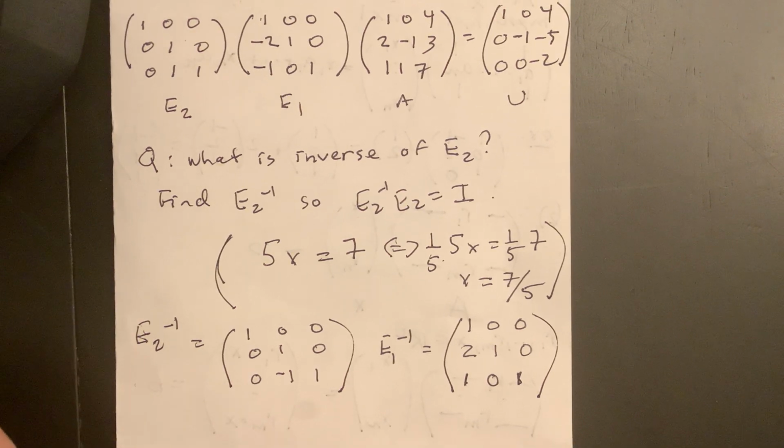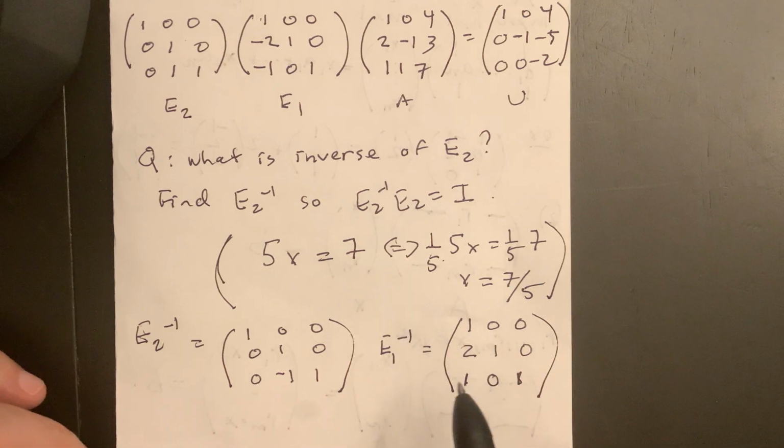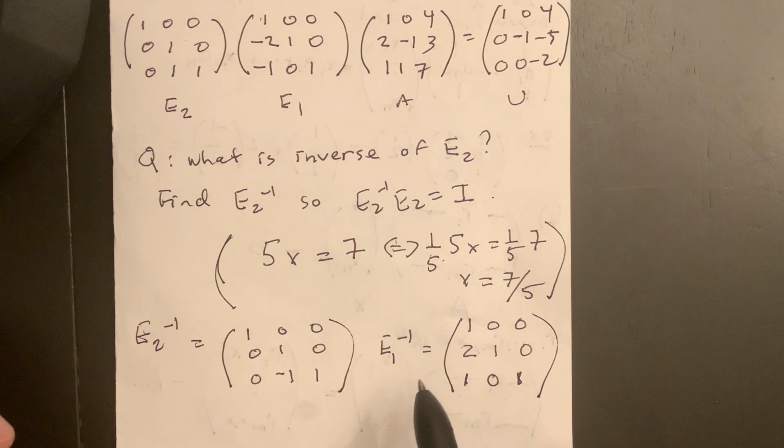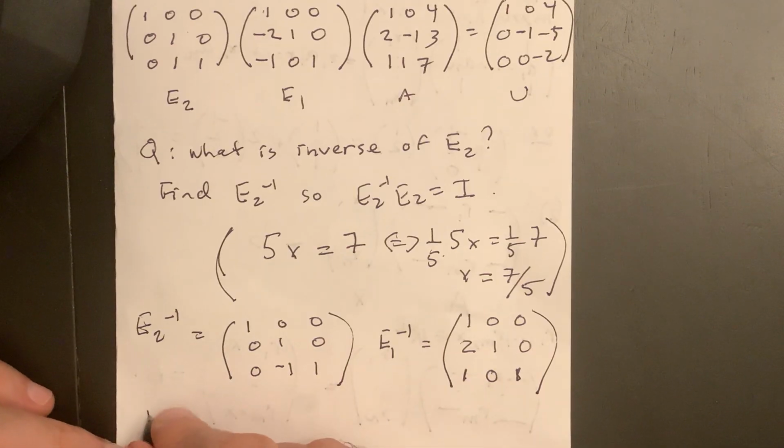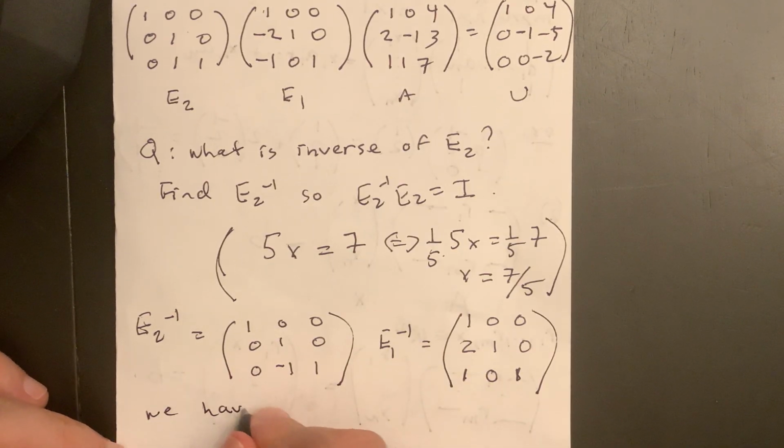So now by multiplying both sides of this equation on the left by the same thing, I can isolate A. I take E1 inverse on the left, then E2 inverse. That will undo E2, and this becomes I, or goes away.